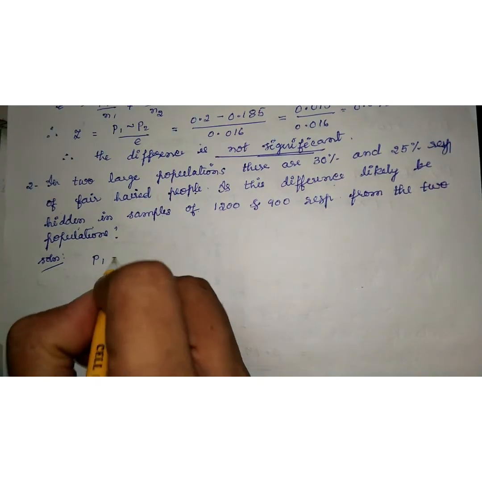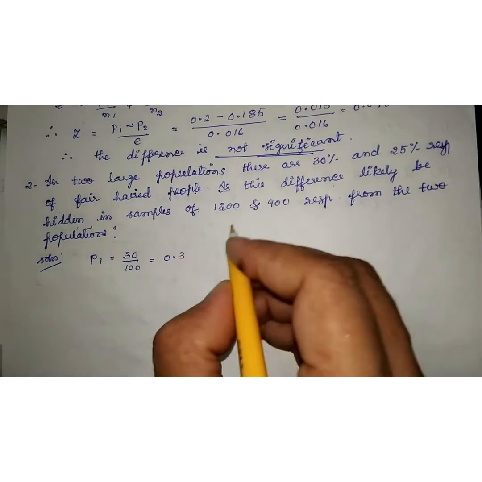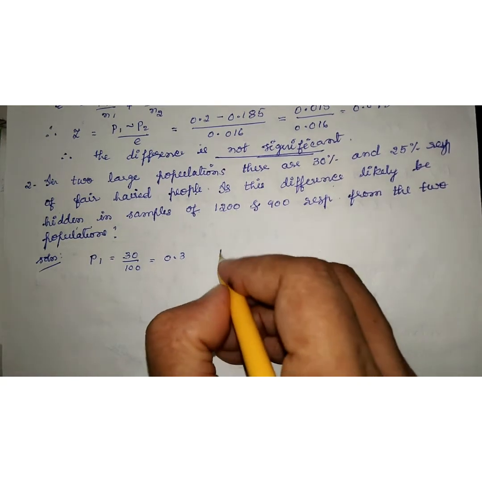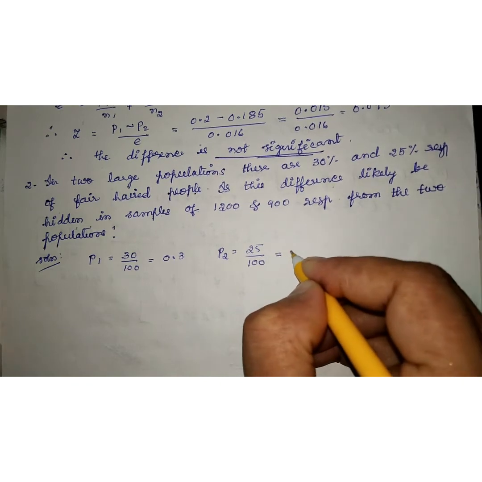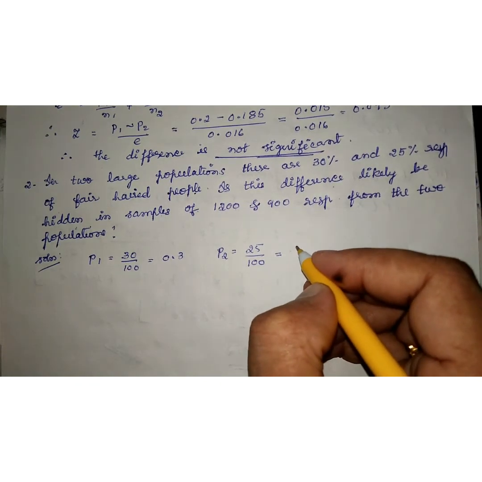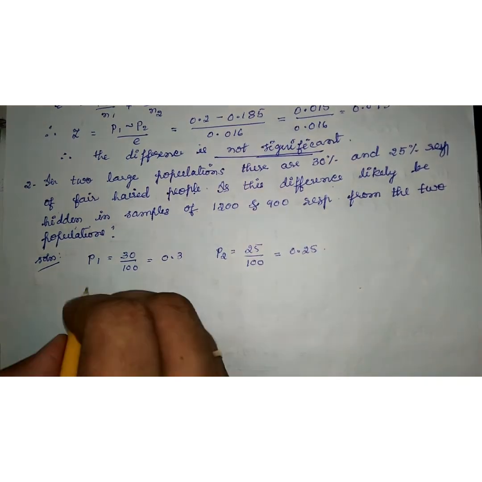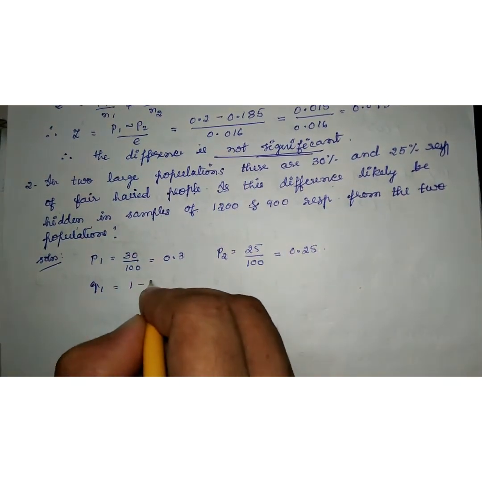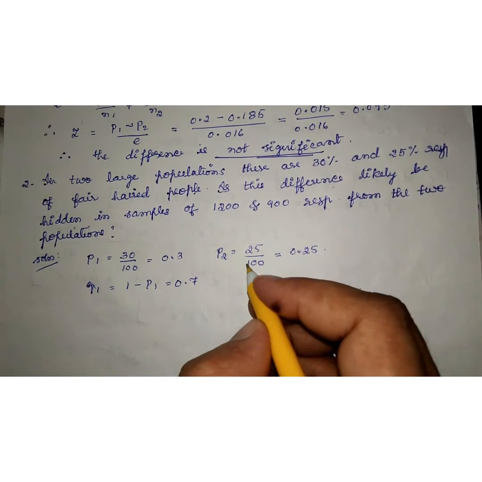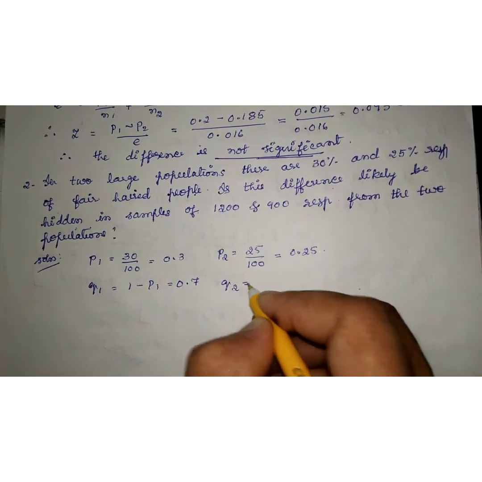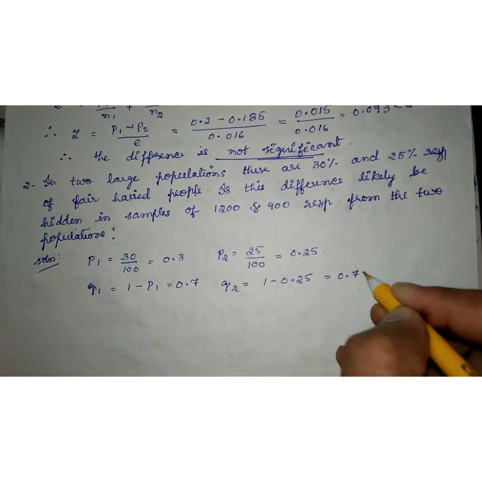So here p1 is 30%, it is 30 by 100, 0.3, and p2 is 25%, it is 0.25. Then the corresponding q1 is 1 minus p1, which is 0.7, and then q2 is 1 minus 0.25, which is 0.75.